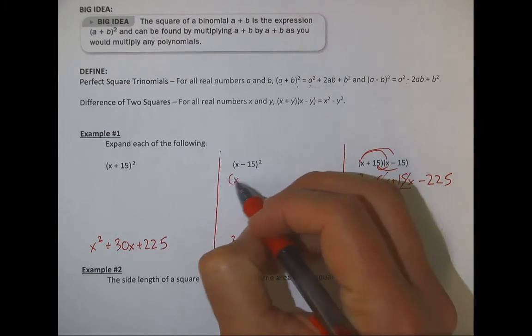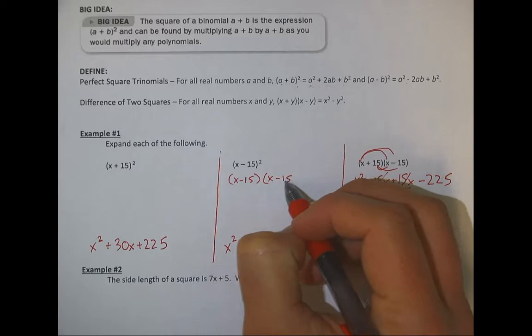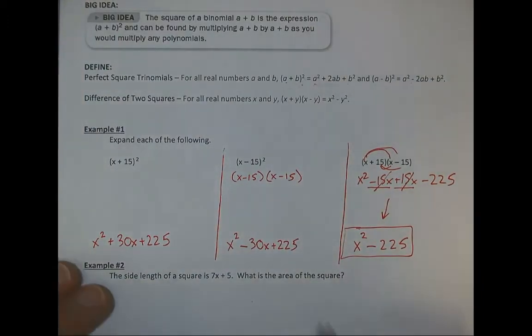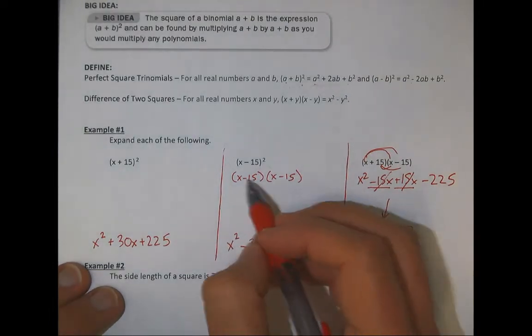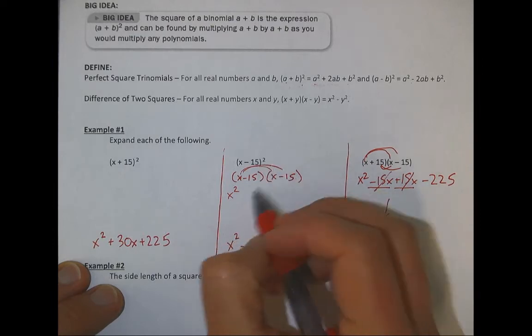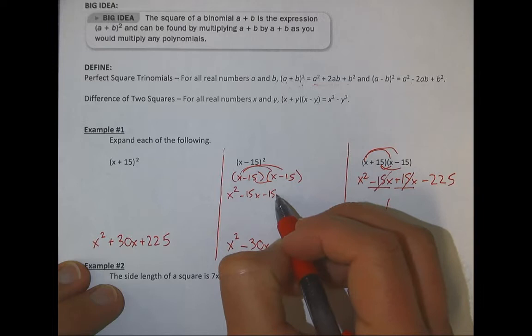We know anything squared means times itself. So this is actually x minus 15 times x minus 15. That's what x minus 15 squared actually represents. So it's going to become this. Let's actually do the work. x times x is x squared. x times this is negative 15x. This is another negative 15x.